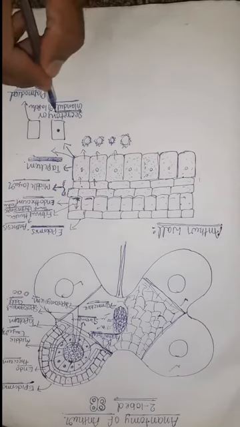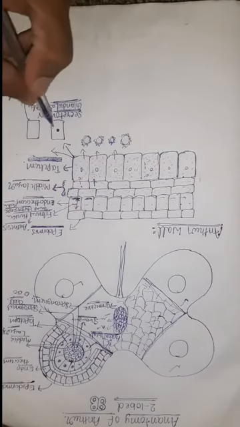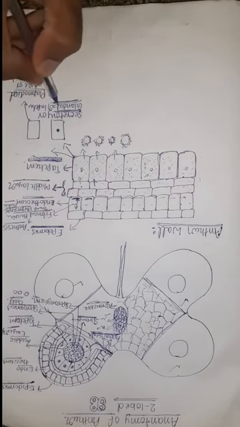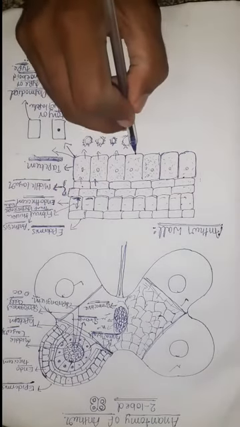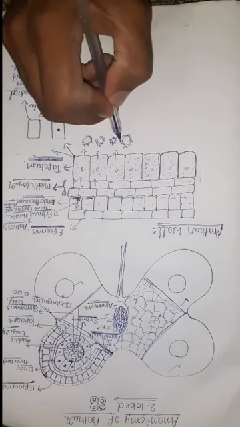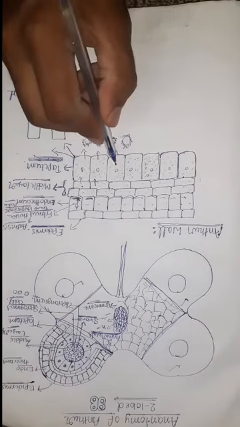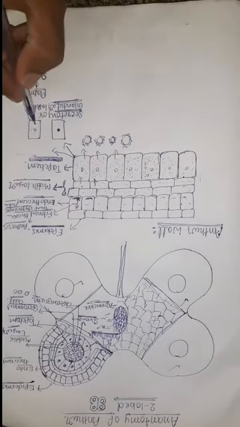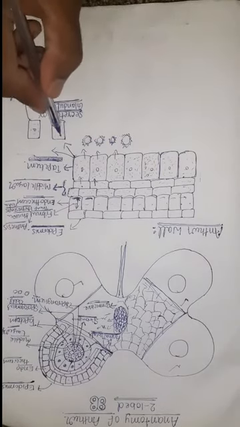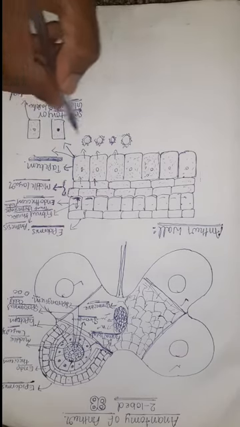It is secretory or glandular tapetum. Here the only difference is whenever they are providing nutrition to the developing pollen grains, in case of secretory cells, both have nutrient materials which are reserved for pollen grains.